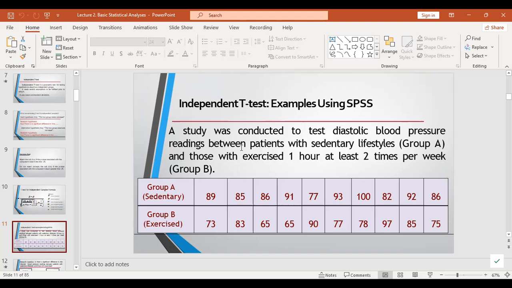So, i-compare natin ang diastolic pressure. So, let's compare.